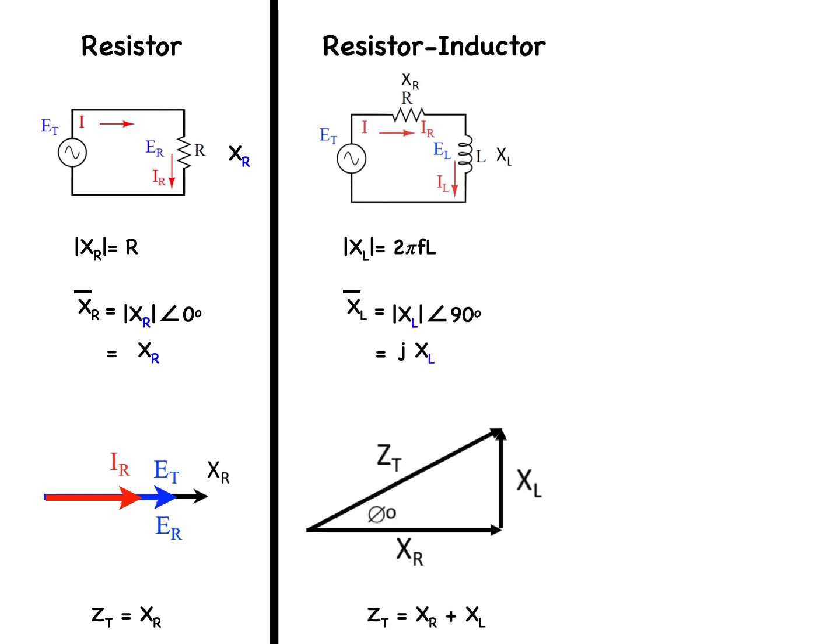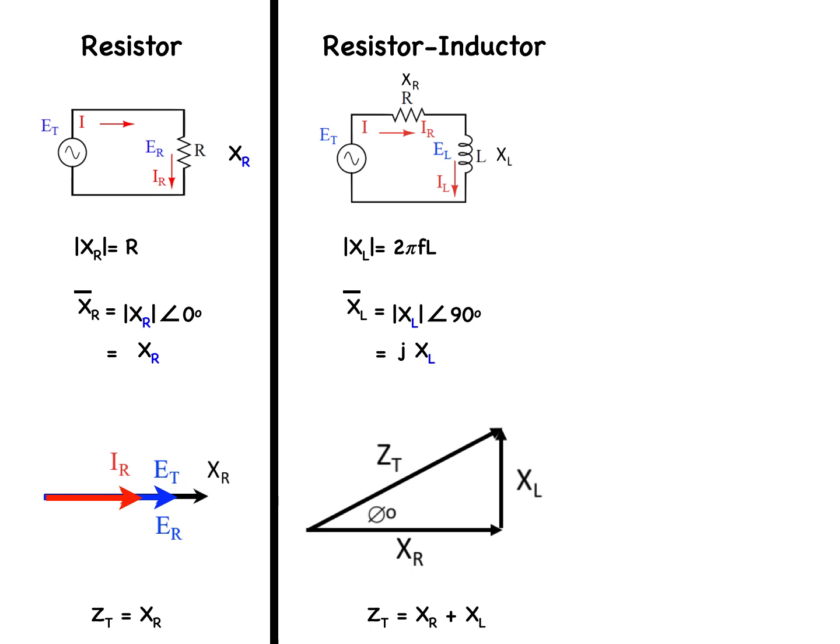The next thing we added to the circuit was an inductor, and now we have an alternating current source in series with a resistor, in series with an inductor. We've already looked at the reactance of the resistor. The reactance of the inductor, the magnitude, is given by 2 pi FL, where F is the frequency and L is the inductance in henries.